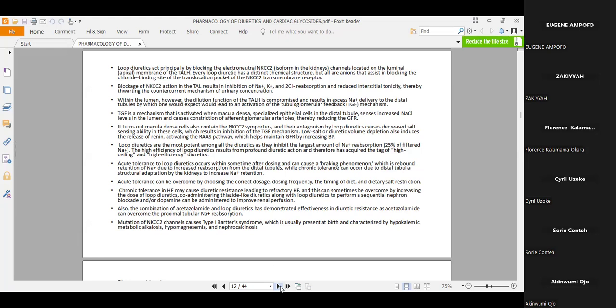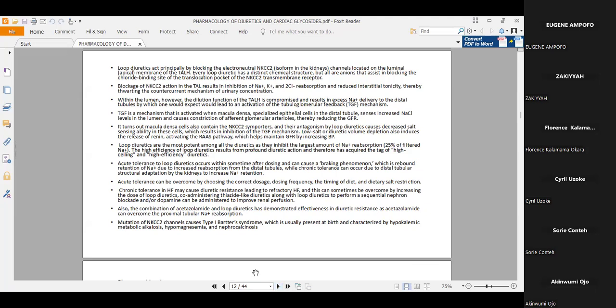So this concept is very important because in patients with chronic heart failure, because of the chronic tolerance to loop diuretics, they eventually become diuretic resistant, and there might be need for this sequential nephron blockade in order to achieve effect.